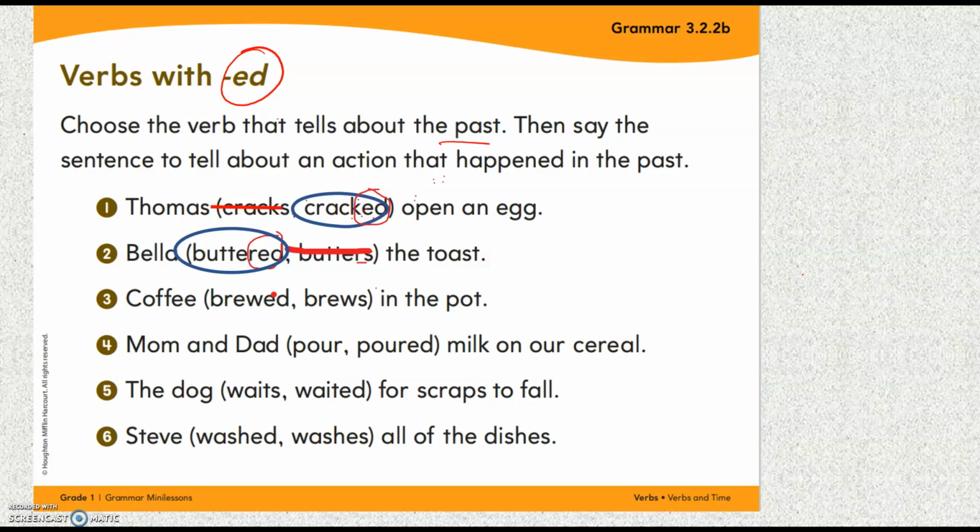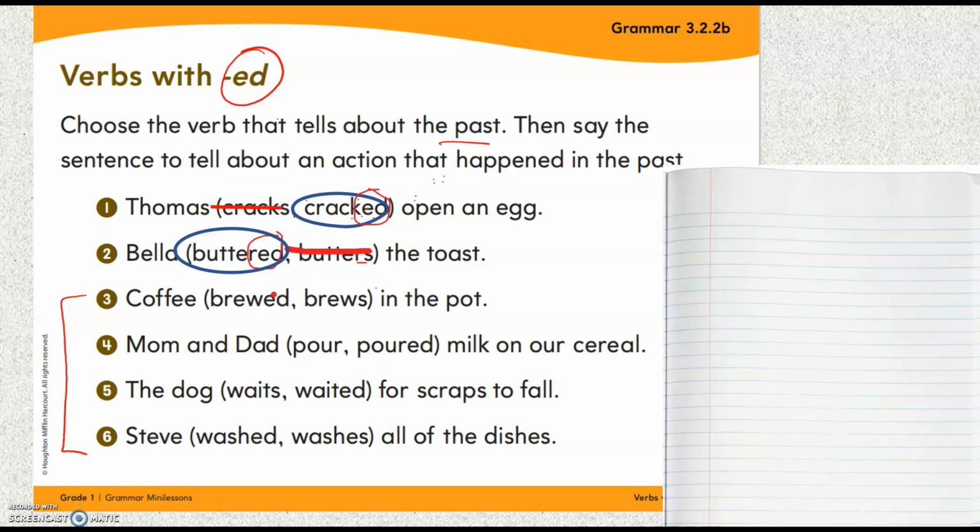What you're going to do is you're going to do 3 through 6 on your own. You will want to pause this video, and in your notebook, you will want to label your notes number 3, 4, 5, and 6.